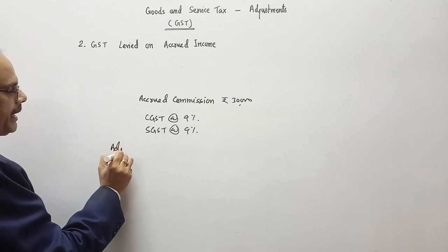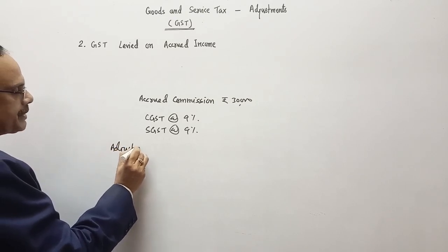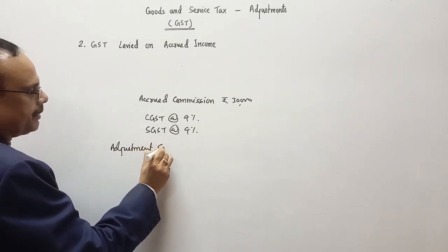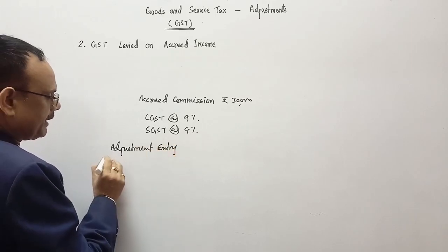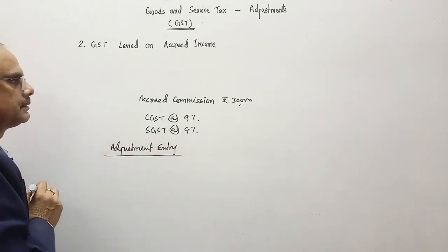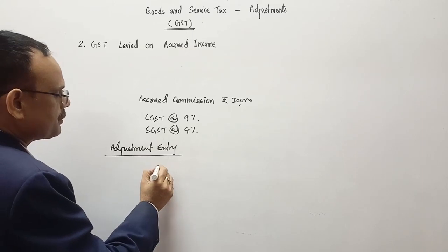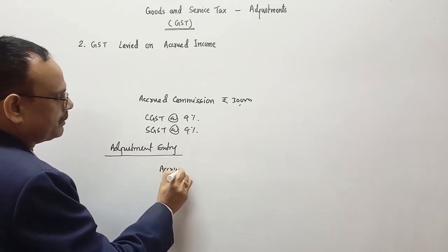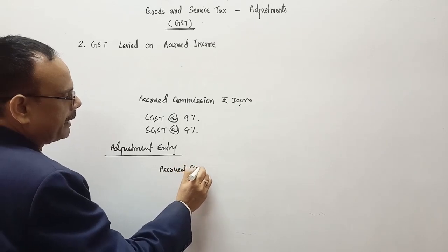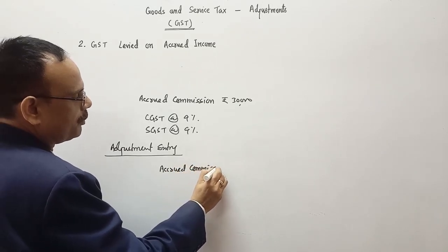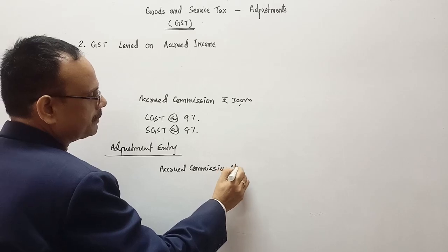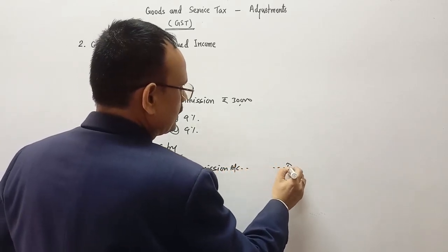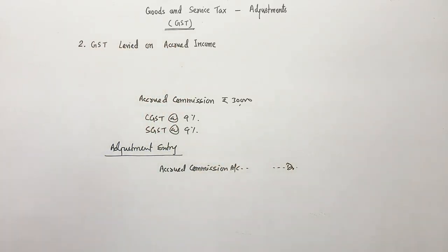The adjustment entry while preparing the financial statement: accrued commission account will be debited, accrued commission earned but not yet received.